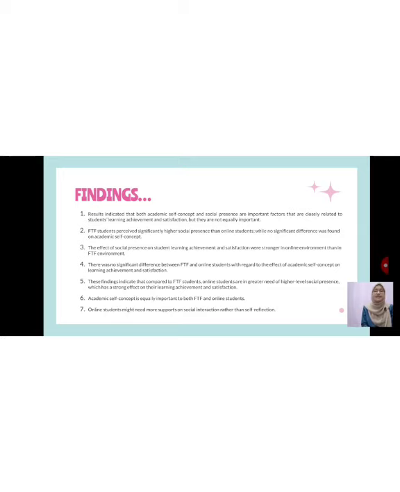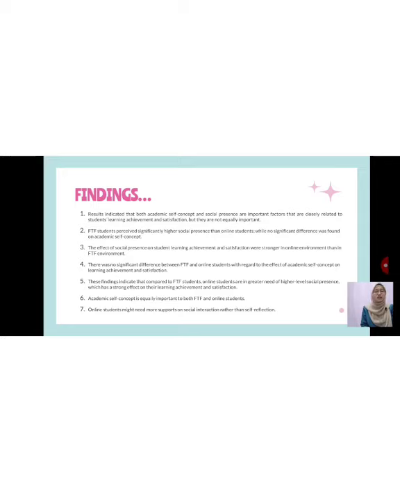But the critical ratio for difference was not significant. The possible reason may be that academic self-concept is important to both face-to-face and online environments. Although online students may need it more, it may not affect students' learning achievements to a significant level.